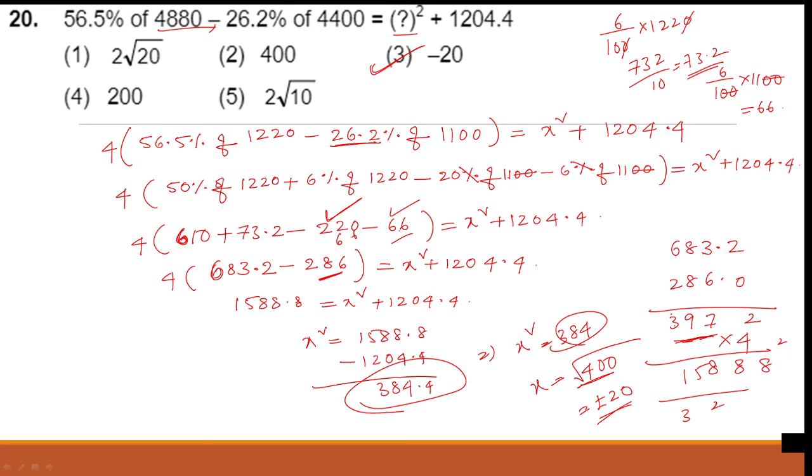Okay, right. 683.2 minus 286, we'll get 397.2. Okay, fine. 2 minus 0, 2. 13 minus 6 means 7. 17 minus 8, that is 9. 5 minus 2, that is 3. 397.2. We need to multiply with 4. 8, 28, 36 plus 2, 38, 12 plus 3, 15. Yes. So we got the answer.